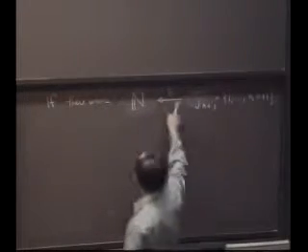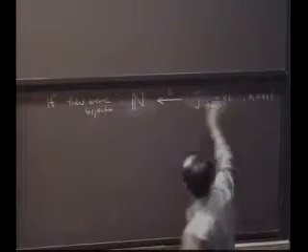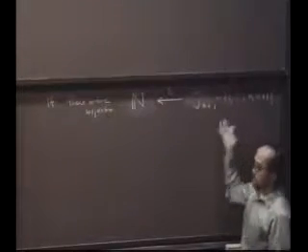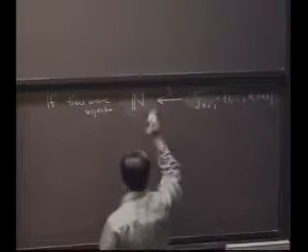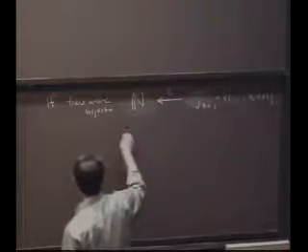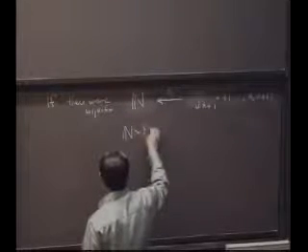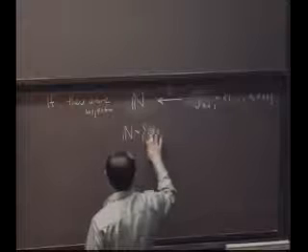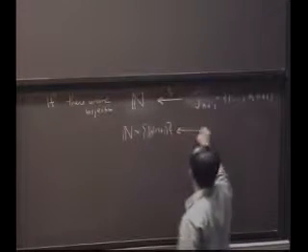Would you agree that if there were a bijection like this, by removing one thing on both sides, I still have a bijection? So if there were a bijection between all of n and this, then there is a bijection between n minus the set containing h of n plus 1 with what?